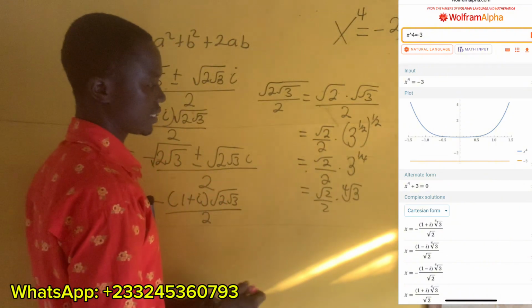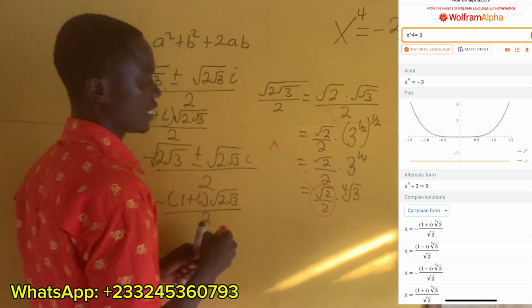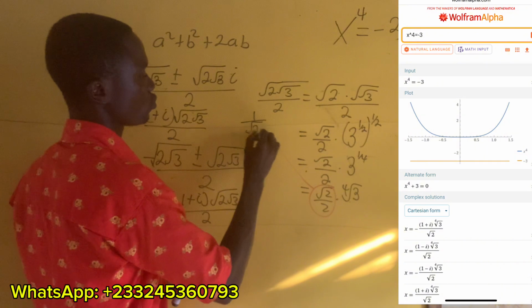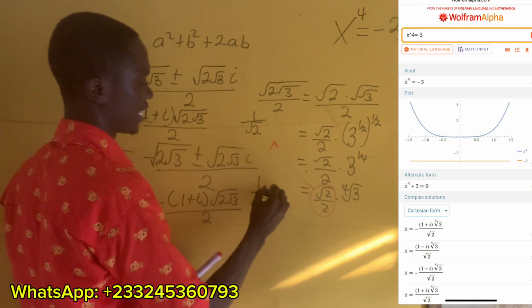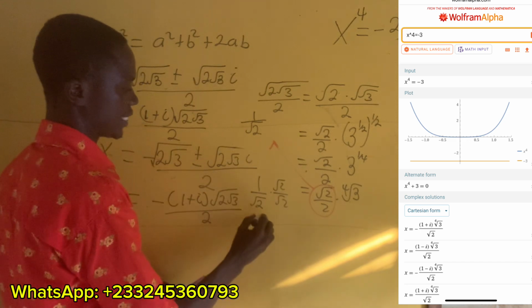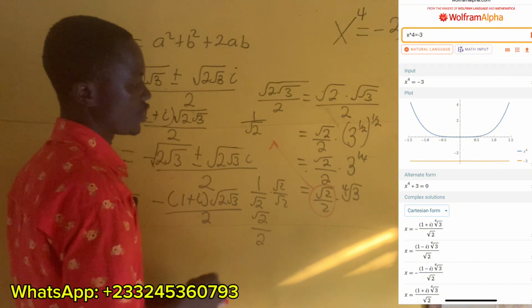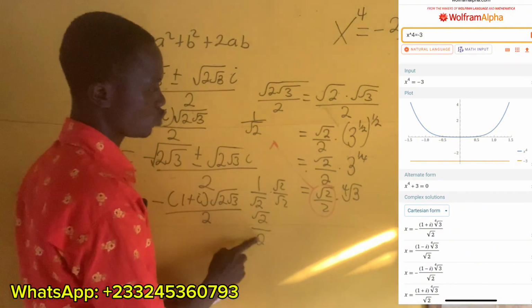Now, look at this. If I have 1 on root 2, and I rationalize, times root 2 on root 2, it is the same as root 2 divided by 2. So we can replace this one by root 2 on 2.